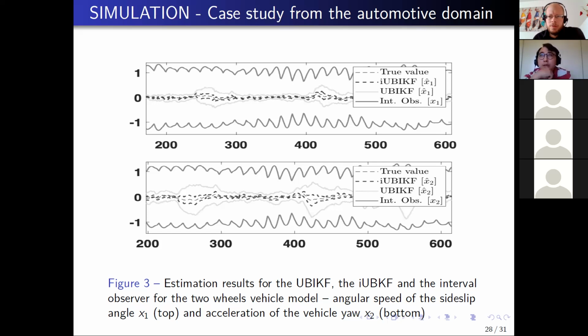This is an interval observer in continuous time, and it uses additive and also multiplicative disturbance in the assumption. Okay, I'll have a further look at this paper.